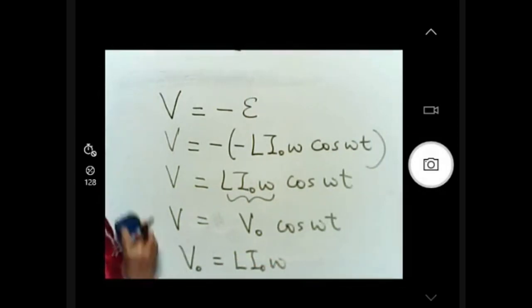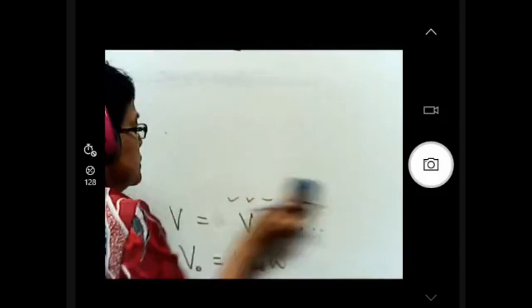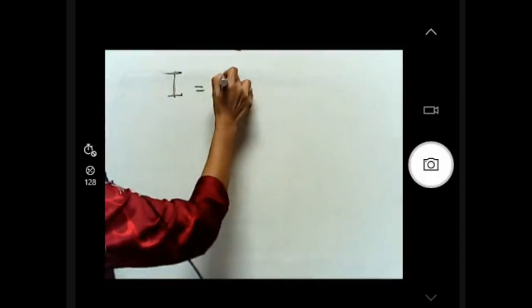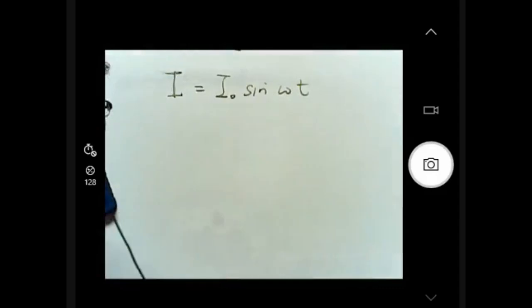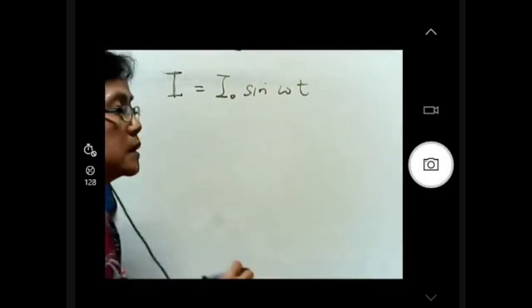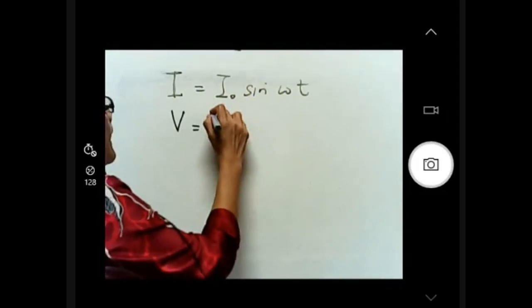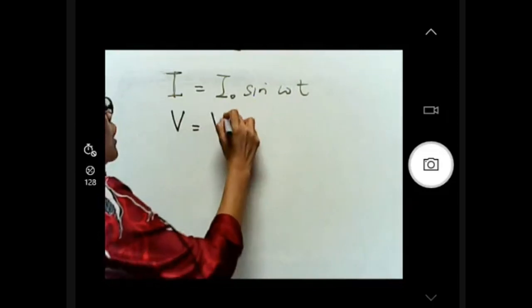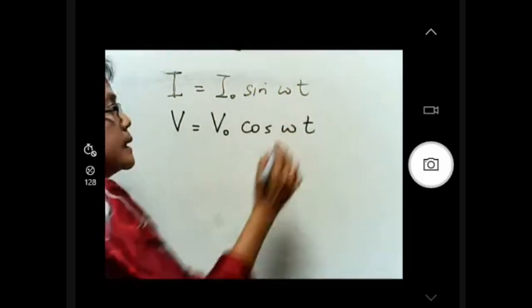Okay, let us analyze the equation before we go further. Just now we started off with I equals to I naught sine omega t. Then we find that the voltage across the inductor is V equals V naught cos omega t.